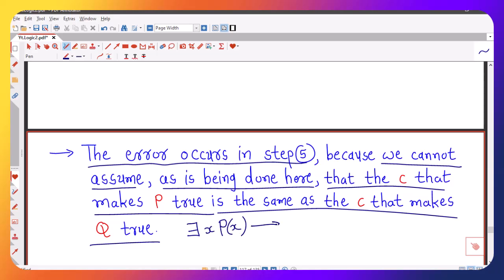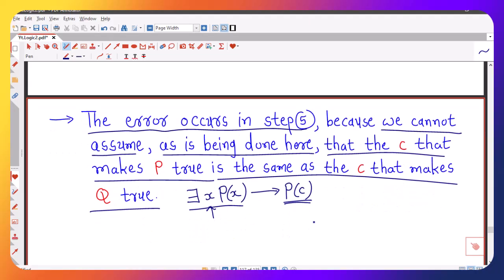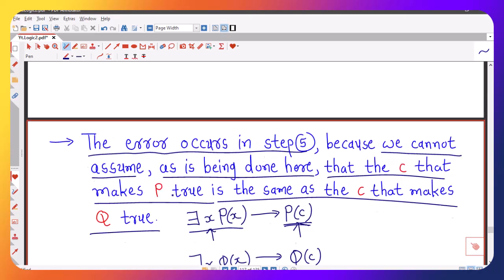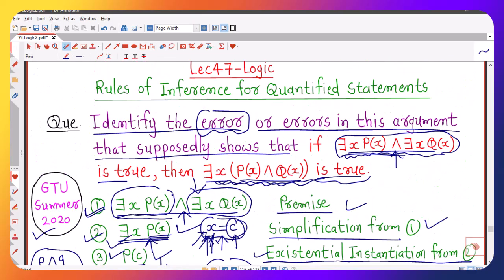That means we have written in step number 3 that from this we have written P(c), that is P(x) is true for some value of x, and that value of x is considered as c. And in step 4 we have that there is some x for which Q(x) is true, so we have written that Q(c) is true, but it is not necessary that Q(x) is also true for the same value of x for which P(x) is true. So that is the error in this argument.